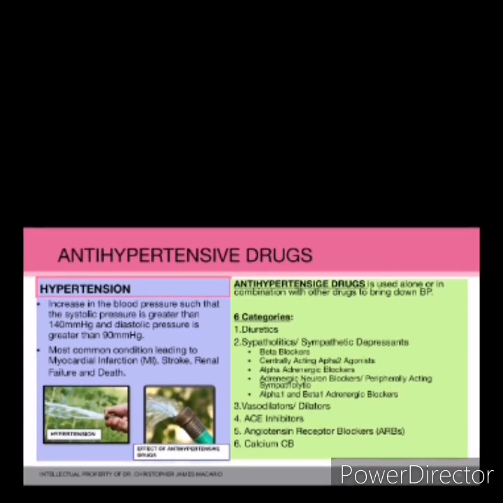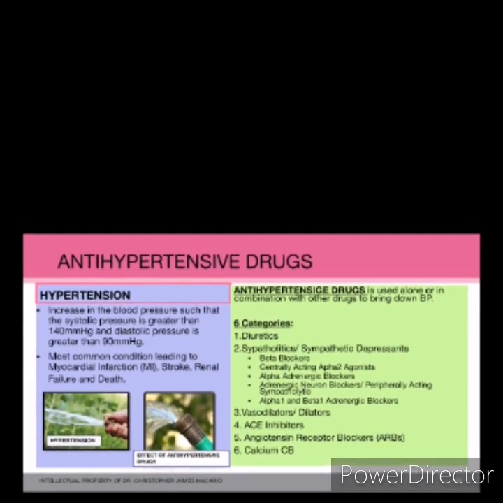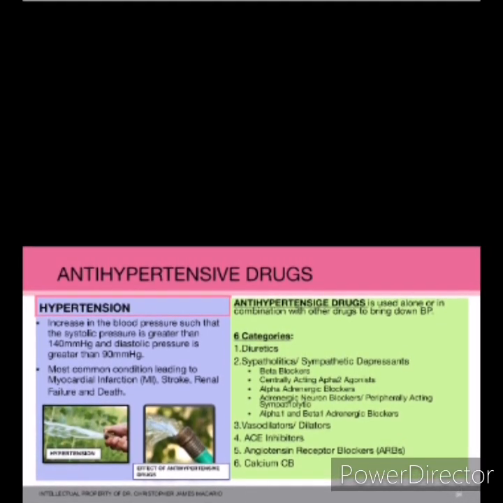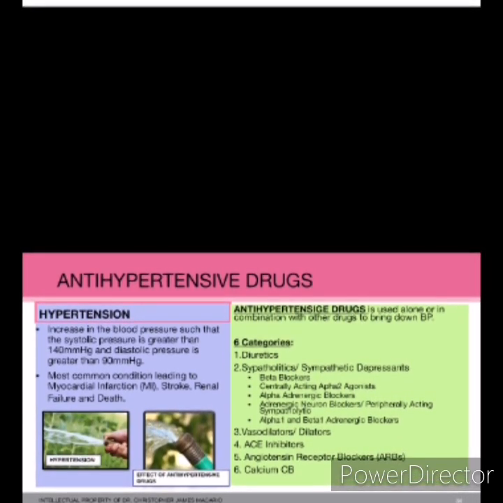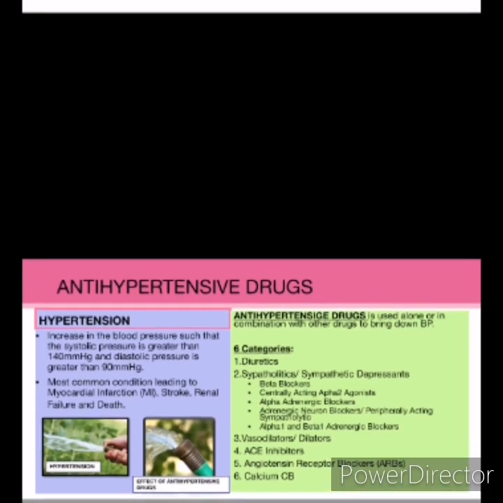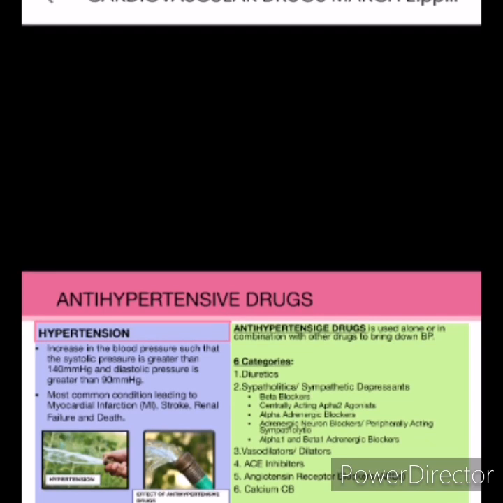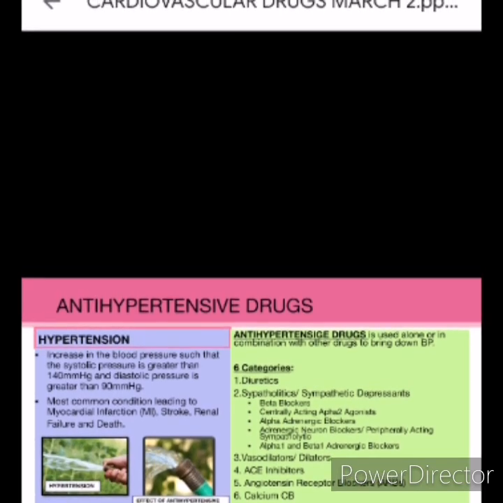The third is your vasodilators or dilators. Fourth category is your ACE inhibitors. The fifth is your ARBs or your angiotensin receptor blockers and your calcium CB or your calcium channel blockers.